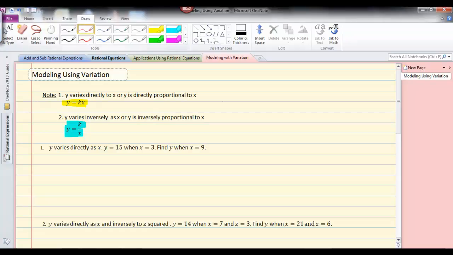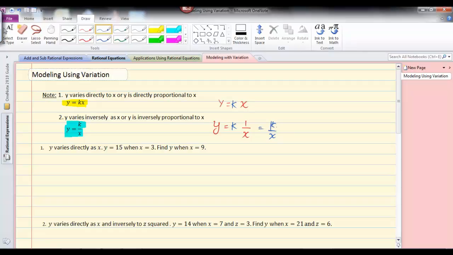So if it says directly proportional, we say, oh, it's equal to x, not exactly, there's some multiple k. And if it says inversely proportional, same way, we go, well, not exactly equal to 1 over x, but instead some multiple of that, which is the same thing as k over x.